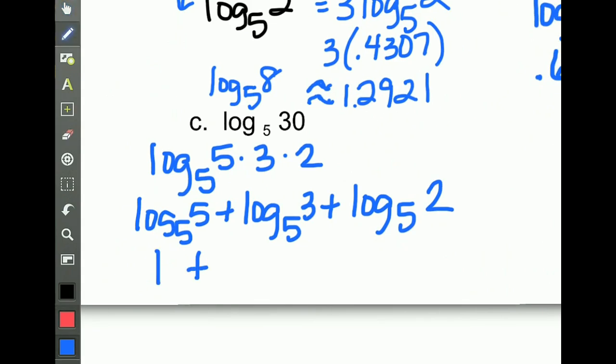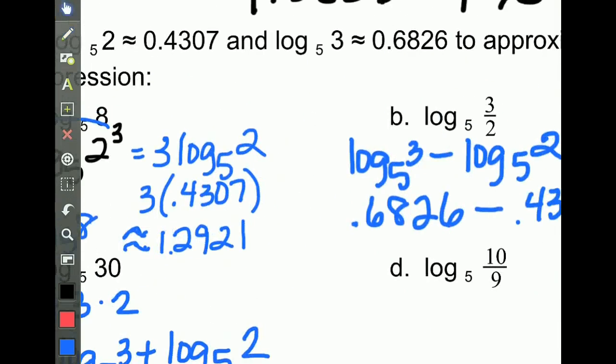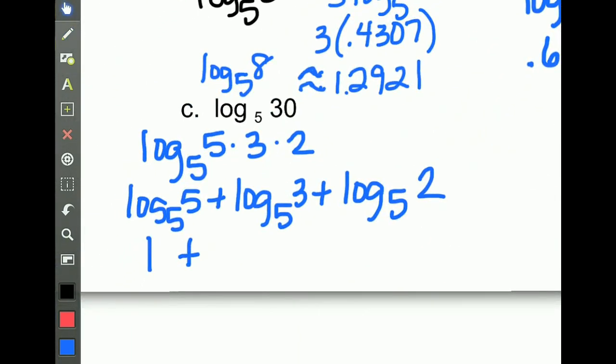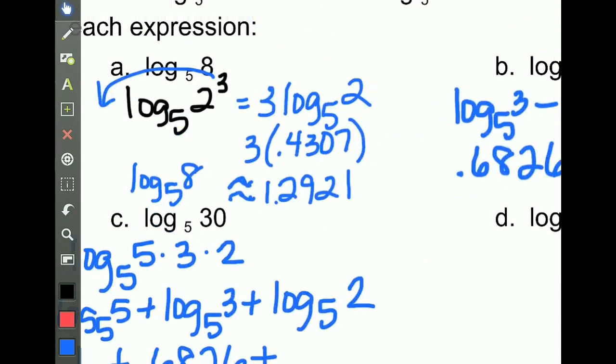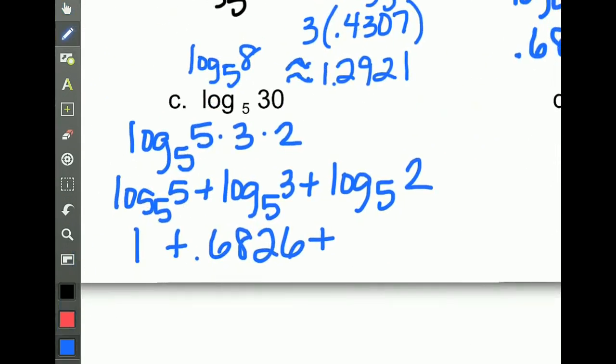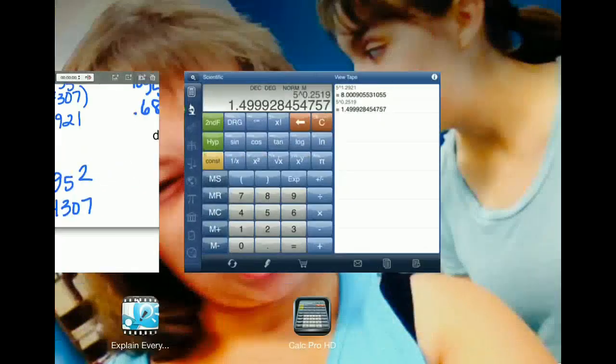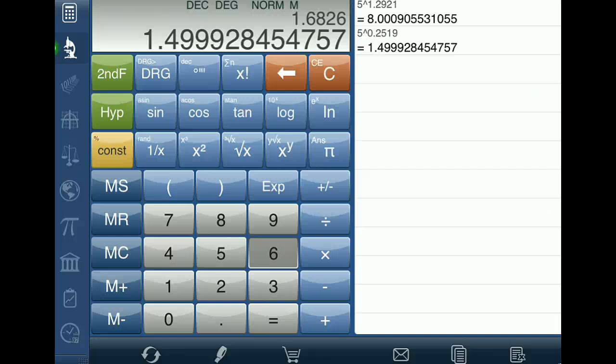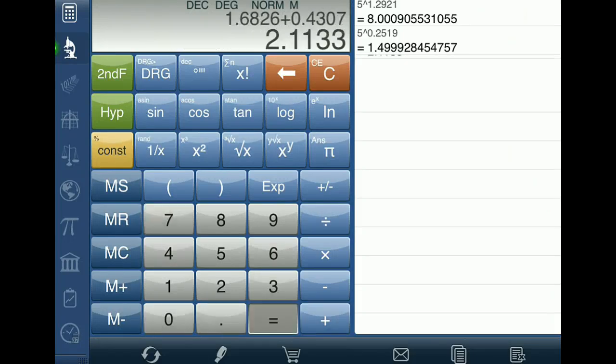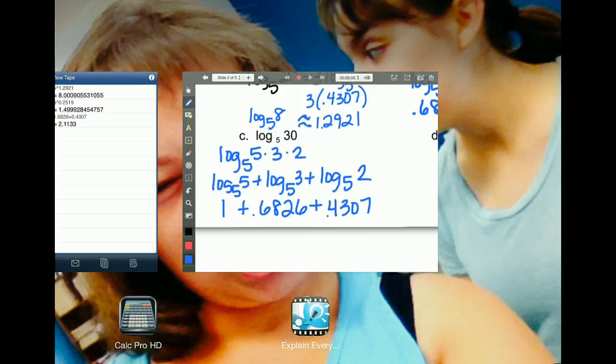And then my value for log 3 is 0.6826, and my log 2 value is 0.4307. So all I have to do is add those up, and you should get 2.1133.